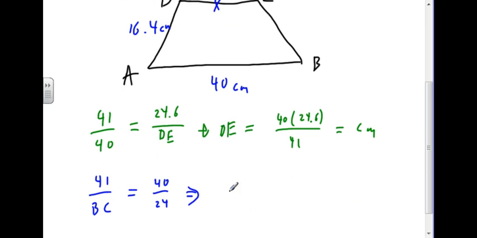Okay, so that's good. So BC, cross multiply again, 40 divided by 24 times 41.